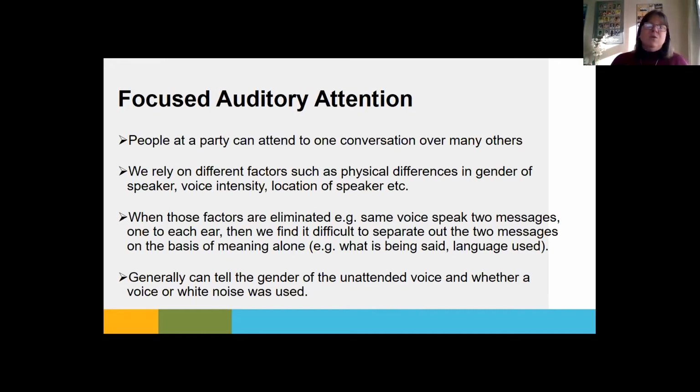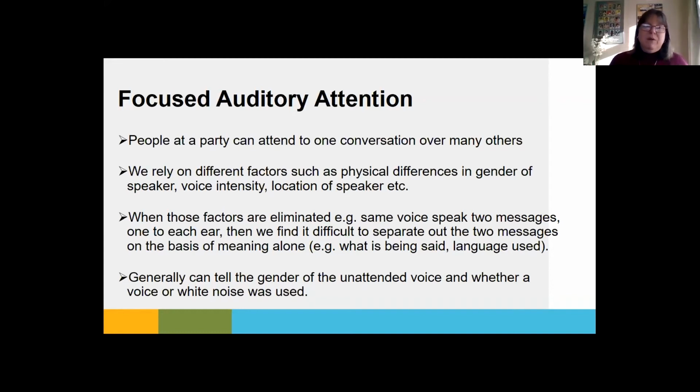If we then are told to say, for example, pay more attention to the right ear than the left ear, it becomes a lot easier to describe exactly what we're hearing in the right ear, but we tend to lose almost all of the information about the message that's going into the unattended ear.